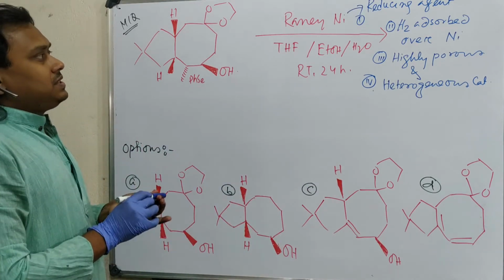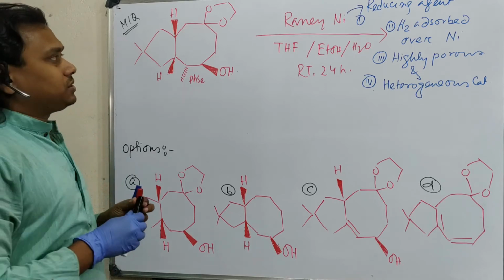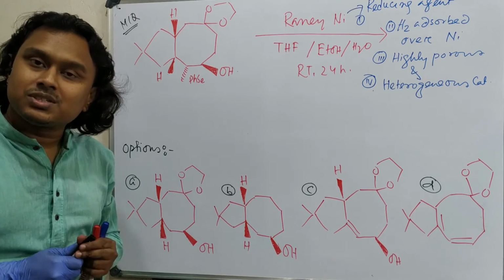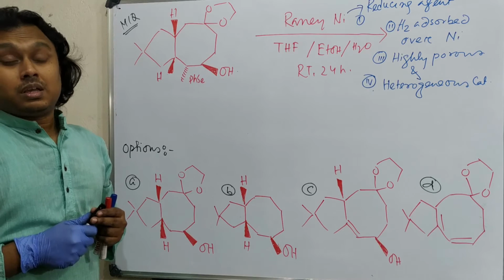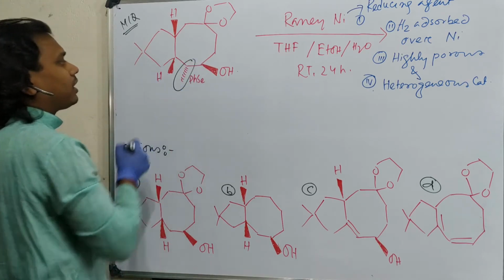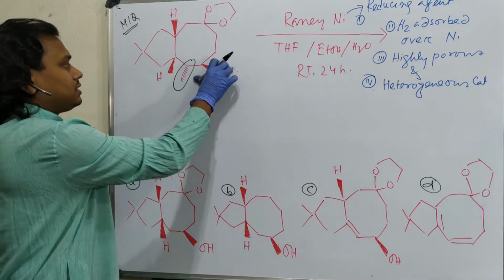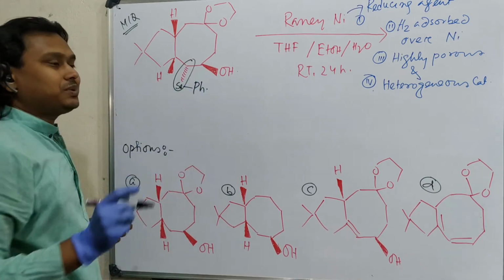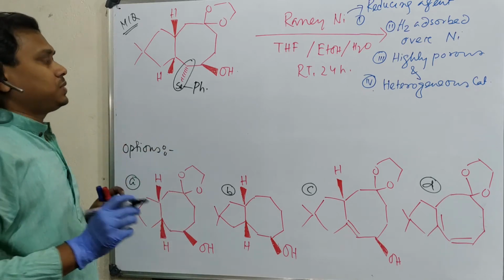Since this nickel has adsorbed hydrogen, we can expect that this hydrogen will act as a reducing agent, and which bond is expected to reduce? In this case, the carbon-selenium bond. This PhSe means that first selenium is attached, then the phenyl. Generally in questions it is written this way, but you need to understand.